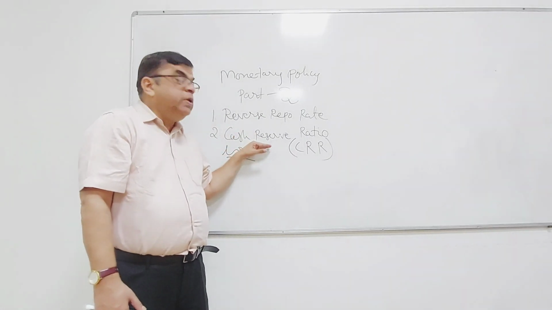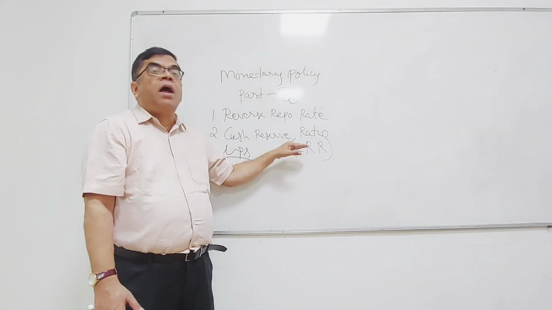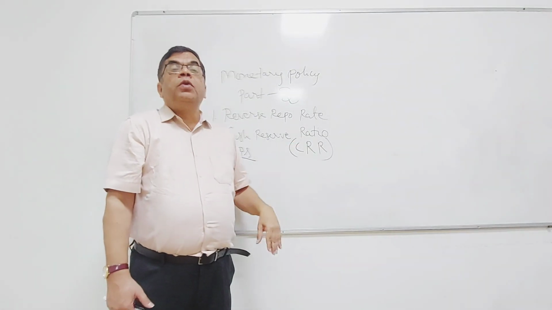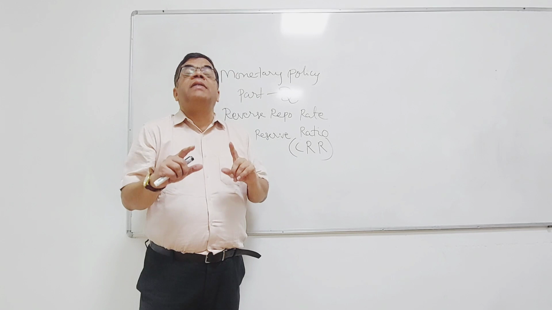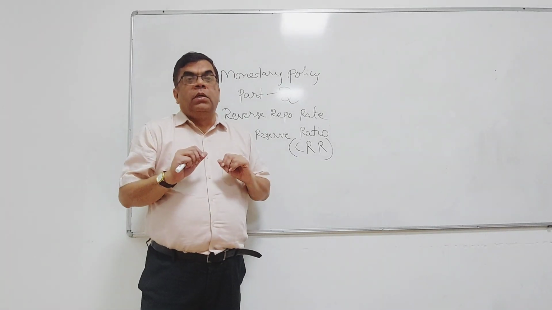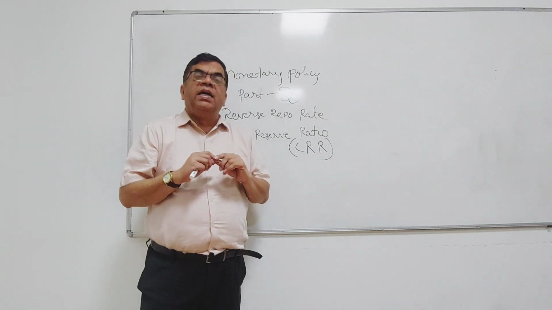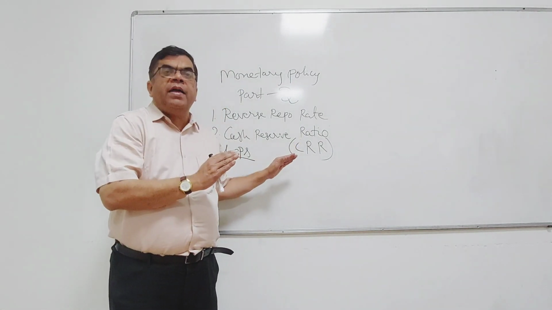Then the next tool is cash reserve ratio, CRR. Out of the total time and demand deposits which commercial banks have with them, a part of it is kept with RBI.